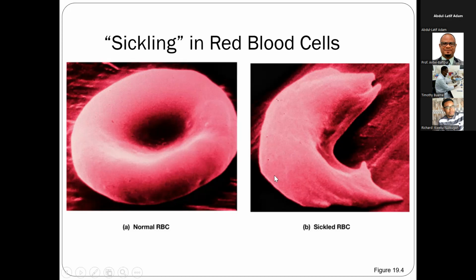Meaning that in their travel through the blood vessels, you know that in between the arteries and the veins, there are capillaries. The cell must move from the vein, pass through the capillary, release their oxygen, and get to the arteries and go back, or vice versa.